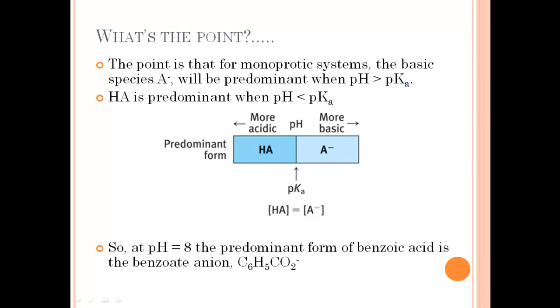Obviously, the opposite is also true. When pH is less than the pKa, so let's say that I gave you a pH of 2, and the benzoic acid had a pKa of 4.20, then the HA, the benzoic acid form, is going to be predominant. So this little graph here is useful for you when you're trying to figure out what's the principal species in a certain solution at a certain pH.